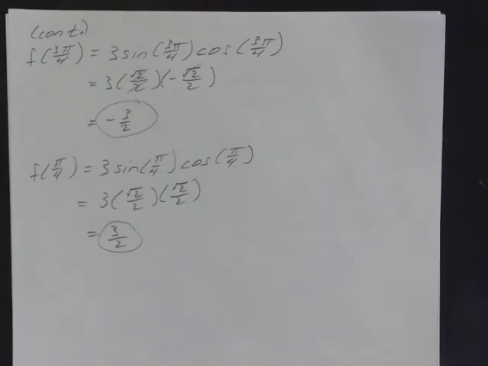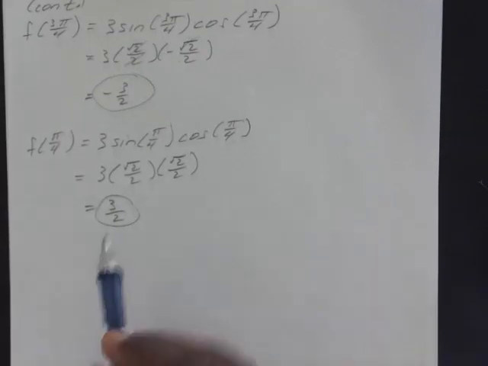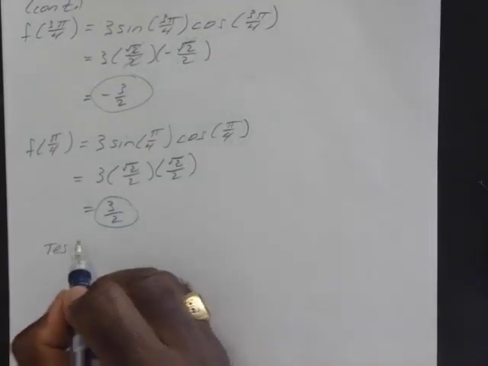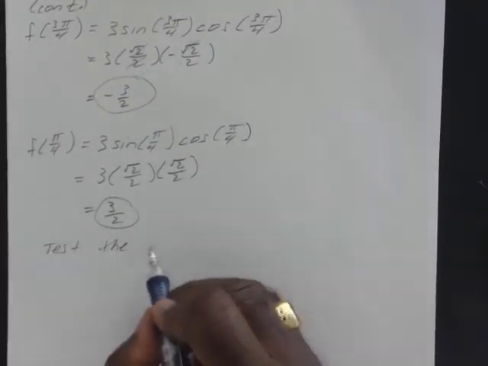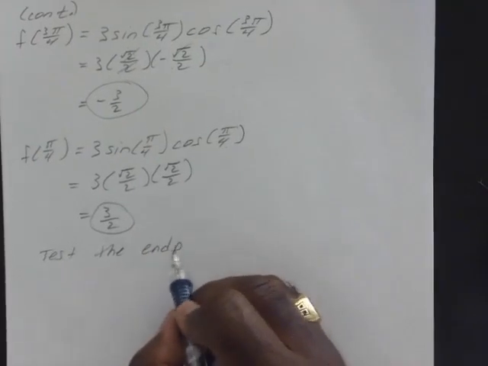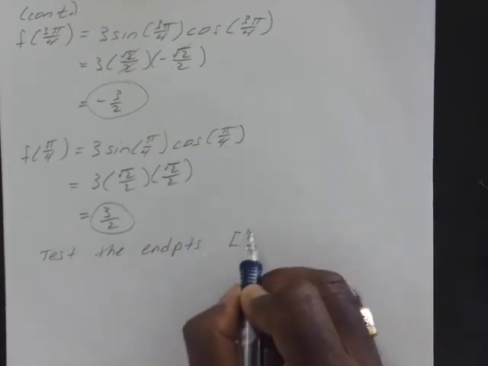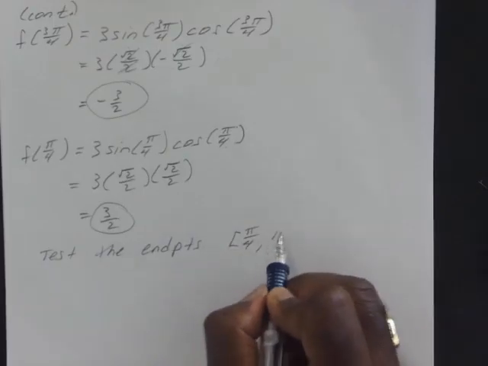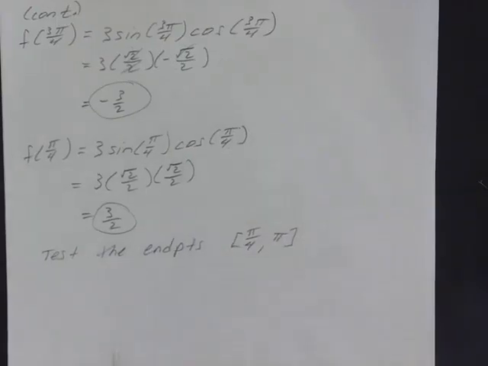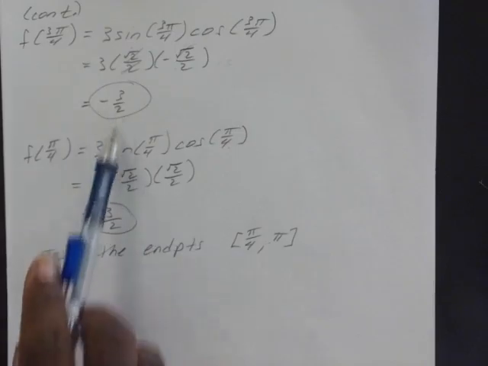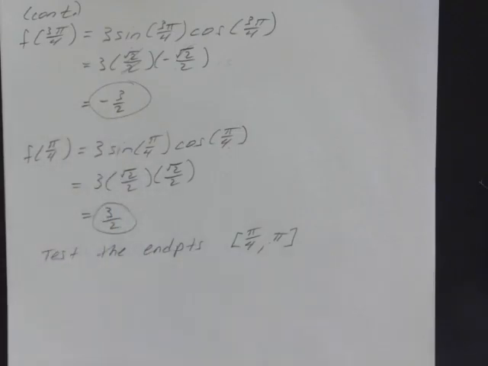Okay, so we tested our critical points. Now we have to test the endpoints for pi over 4 to pi, just to see if any of those values are higher than the negative 3 over 2, 3 over 2.